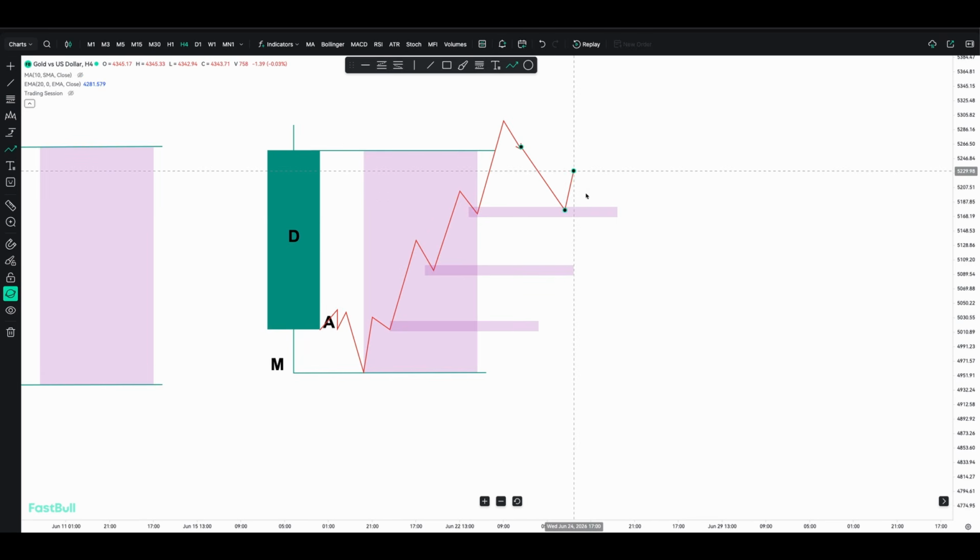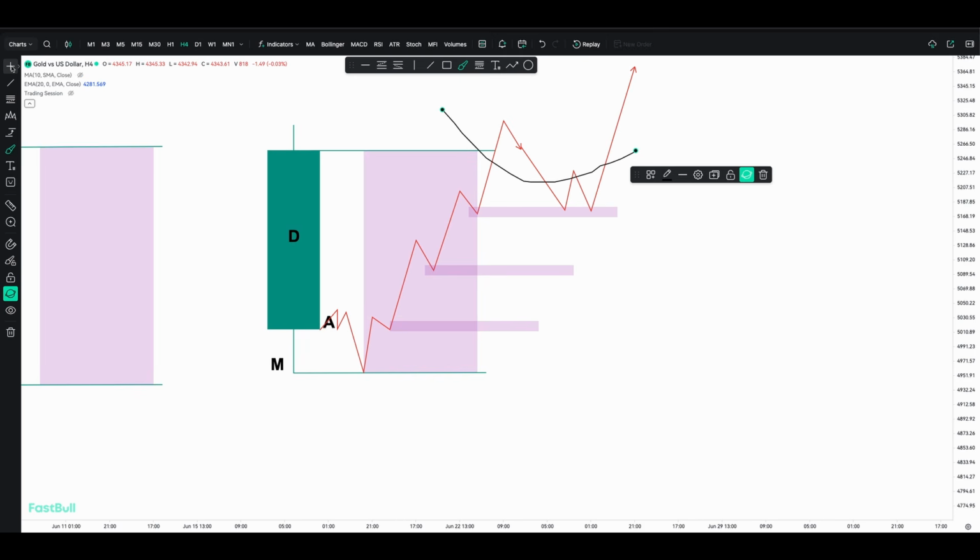If you don't want to use demand and supply, you wait for it to pull back down below the moving average. For example, if you put a 20-period moving average, wait for the price to pull back below the moving average, and then the next break above the moving average, that is when you start taking your trades, right?